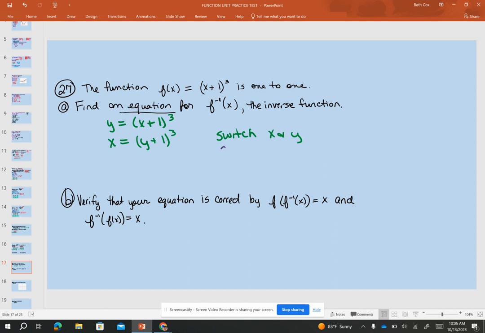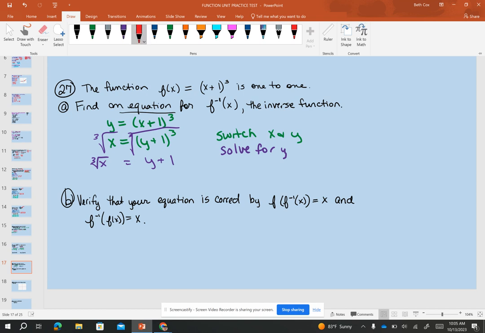Then the third step is to solve for y, and you have to use your solving skills. So you really may need to review those skills. So the first thing I need to do to get y by itself is get rid of that power. So to solve for y, I need to cube root both sides, and that's going to cancel. I'll have y plus 1 equals the cube root of x.